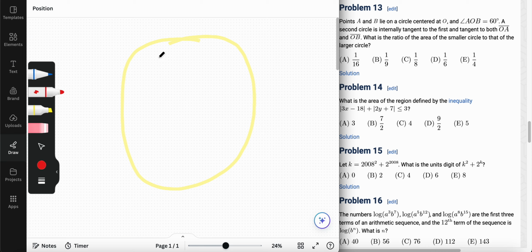Okay, that looks better, and then I have a circle just like that. I can just edit that.